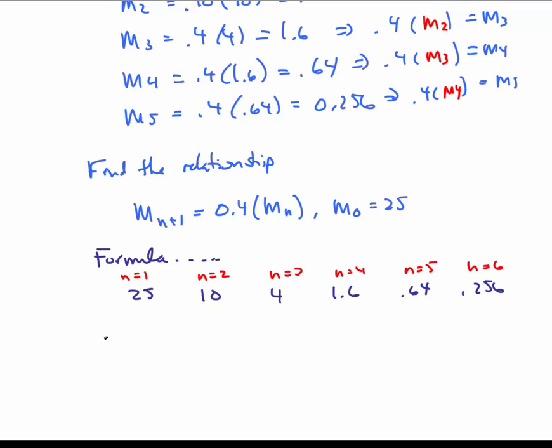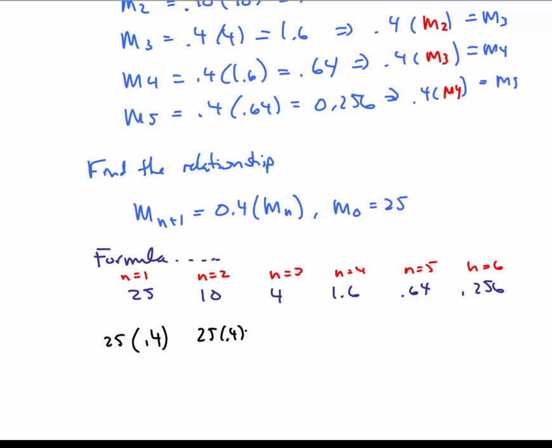So I'm going to start with a 25, and then to get to my next term, what I did was multiply by 0.4. So 25 times 0.4 gave me that value of 10. So that worked for this one. So 25, I'm going to write that underneath there. 25 times 0.4.